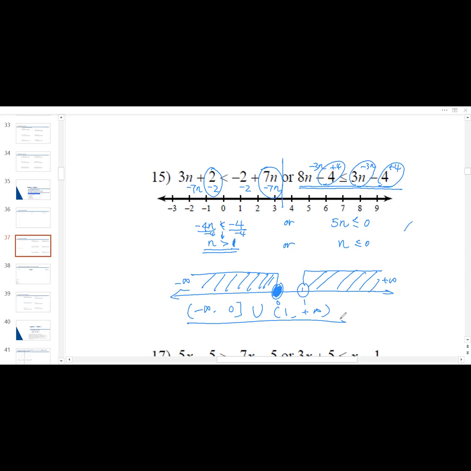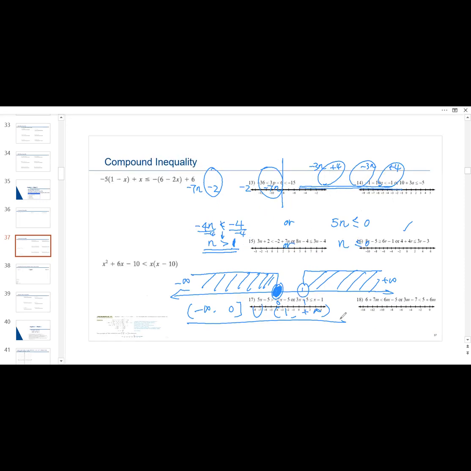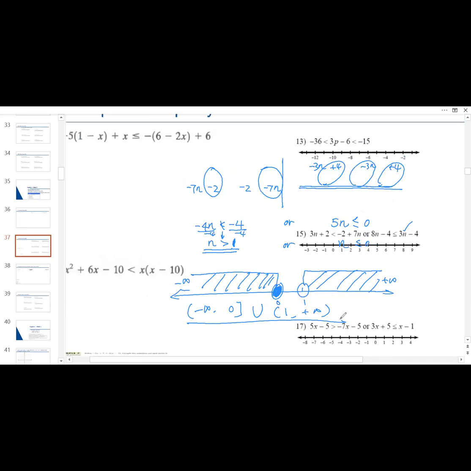All right, let's see some more information. Compound inequality sometimes has just left, middle, and right. Here, compound inequality means they have two different pieces of information.